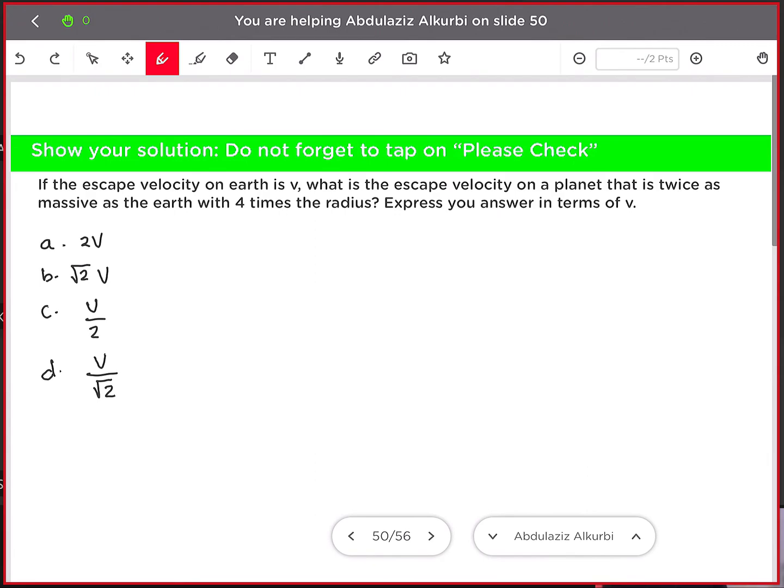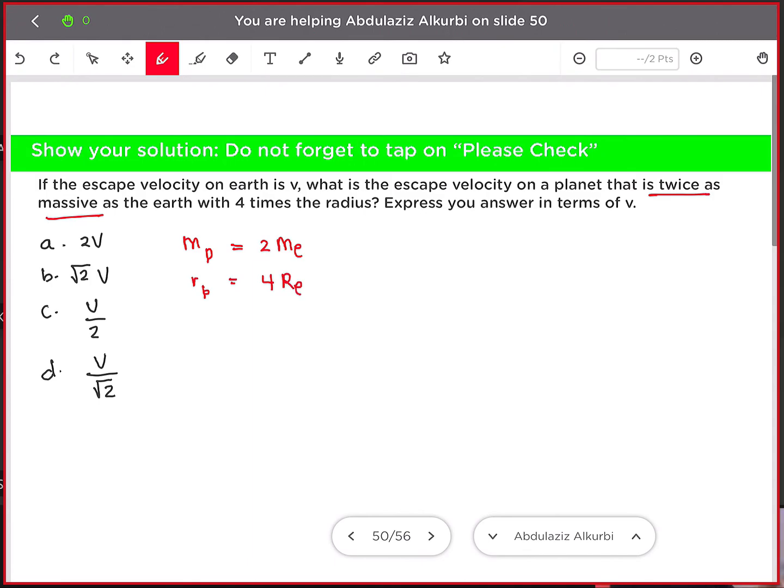This is a multiple choice question with options A, B, C, and D. So the mass of this planet is 2 times the mass of the Earth, and the radius of this planet is 4 times the radius of the Earth.